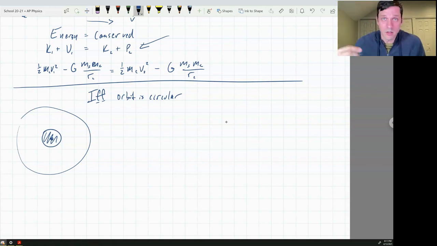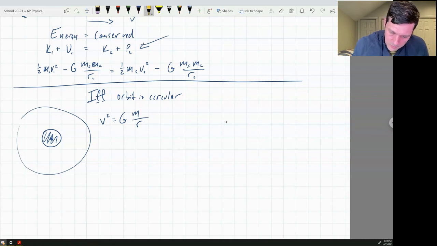And earlier on, or in another example, we derived that for a circular orbit, v squared is equal to G times the mass of the sun, the thing you're orbiting, over r.